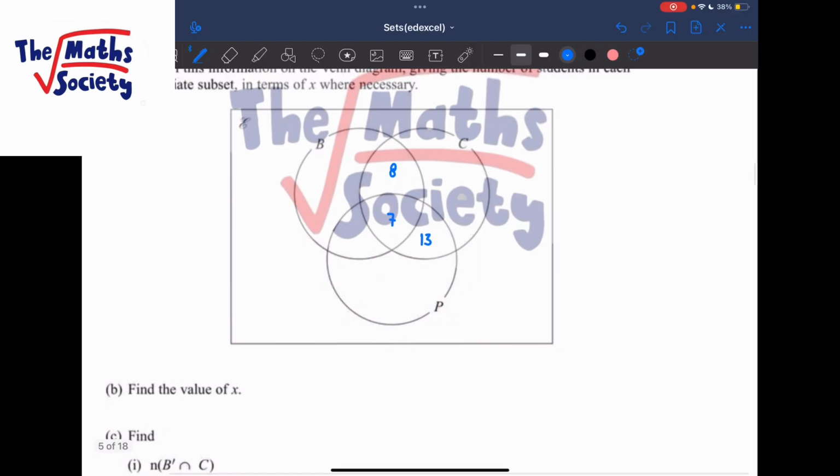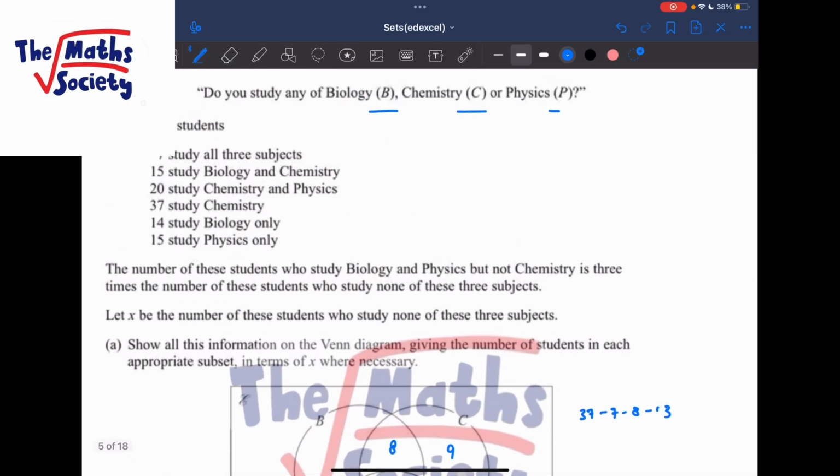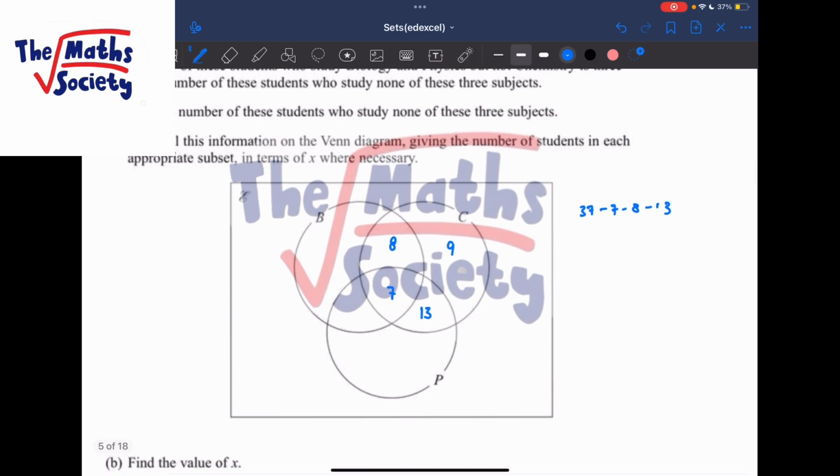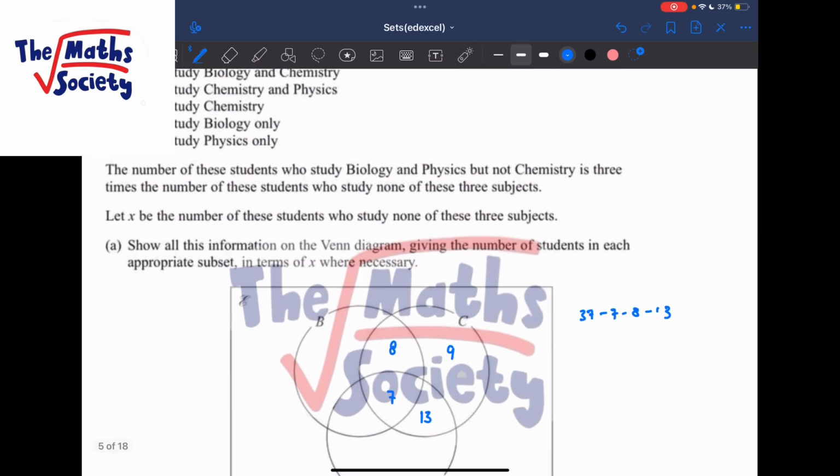So we have 37 minus 7 minus 8 minus 13, which will end up with 9. So that's the one that's studied chemistry specifically. And it says 14 study biology only. Only biology is 14. But here it says the number of these students who study biology and physics, but not chemistry.